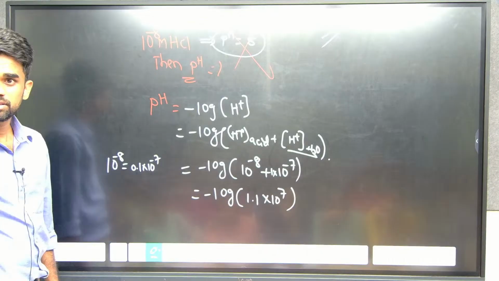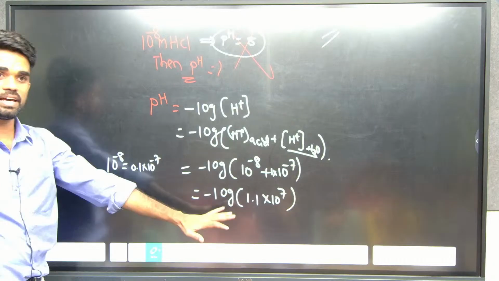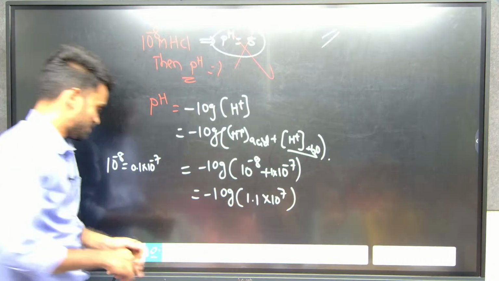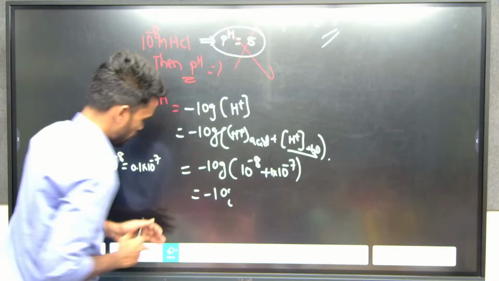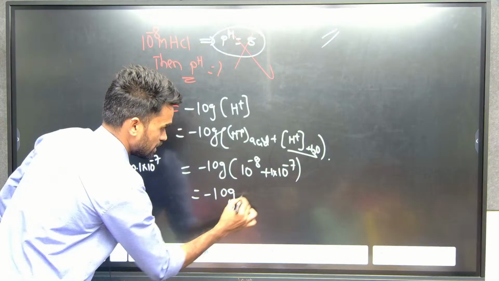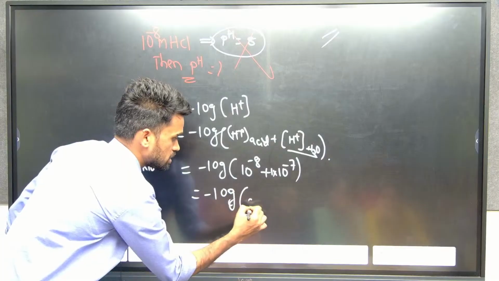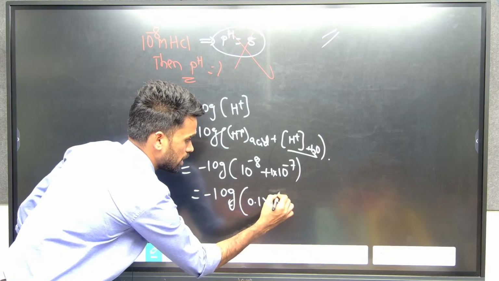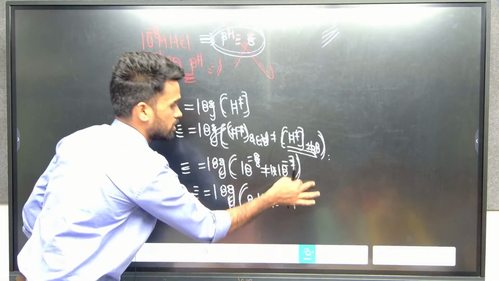Is this clear? Did it become clear how I simplified this? Okay, no issues. 10 power minus 8 I can write as 0.1 into 10 power minus 7. Is this clear up to here?